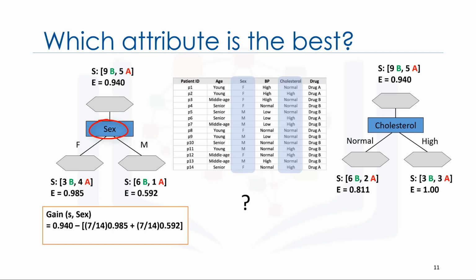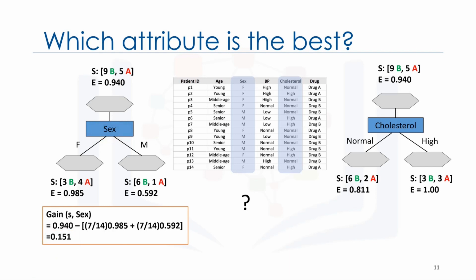Also, the portion of men is 7 out of 14, and the entropy of the male node is 0.592. The result of a square bracket here is the weighted entropy after the split. So, the information gain of the tree, if we use the sex attribute to split the dataset, is 0.151.